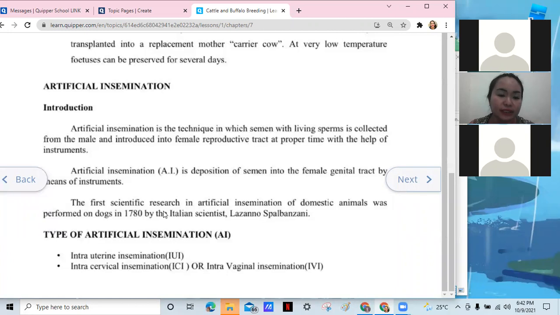This was first scientifically researched in domestic animals; artificial insemination was first performed on dogs in 1780 by Lazzaro Spallanzani, an Italian scientist. And there are two types, the intrauterine insemination and the intracervical or intravaginal insemination.